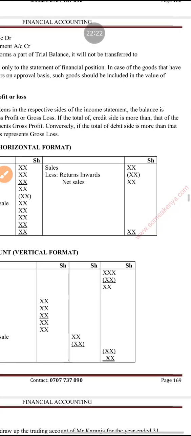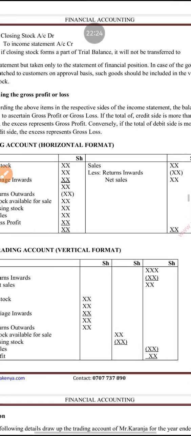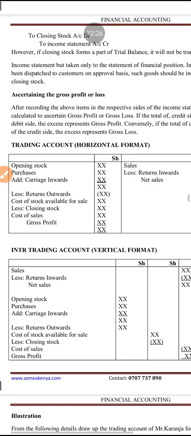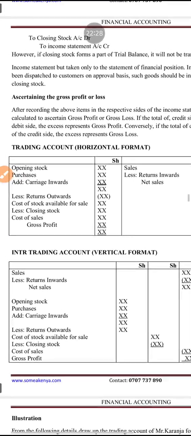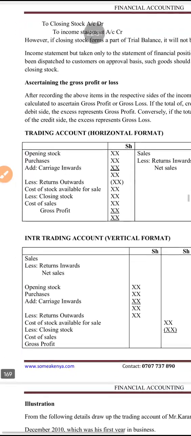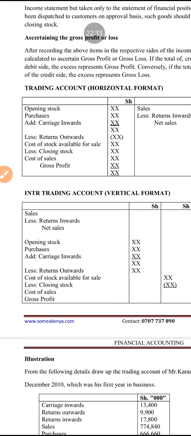Conversely, if the total of the debit side is more than that of the credit side, the excess represents the loss. So the trading account, the horizontal format. On the debit side is where we find the opening stock, purchases, we add carriage inwards, we less return outwards. Cost of stock available for sale, we less the closing stock to get the cost of goods, or the cost of sales.